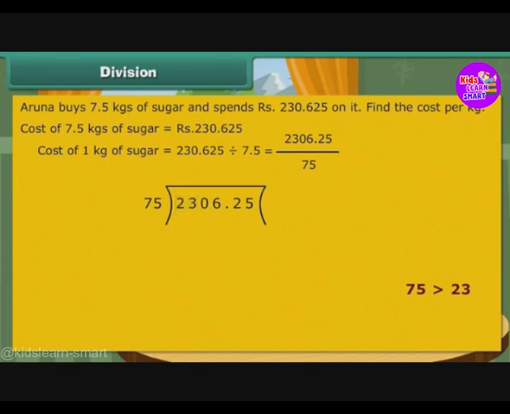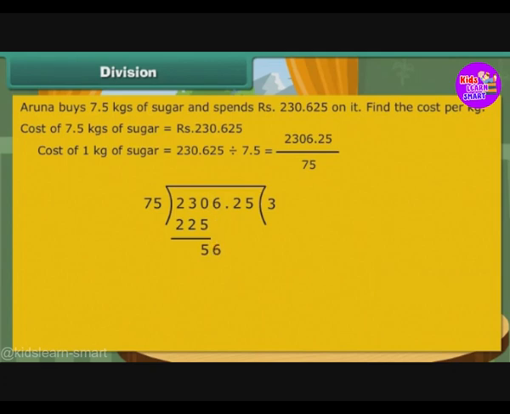Now consider the first three digits together, 230. 230 is big enough to hold 3 times 75, that is 225. Therefore, write 3 on the right and 225 beneath 230. Subtract and write the difference, 5 below.